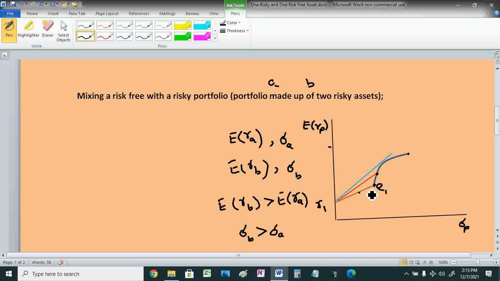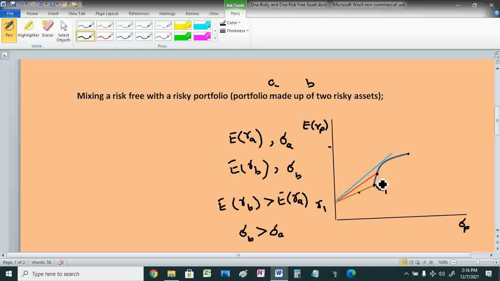As we move towards this vertical intercept, this means that the proportion of the saving that is going to the risky portfolio is decreasing, and the proportion of the savings going to the risk-free asset increases. And this ray is representing the linear combination of the risk-free asset and the portfolio of the risky assets represented at point E1.